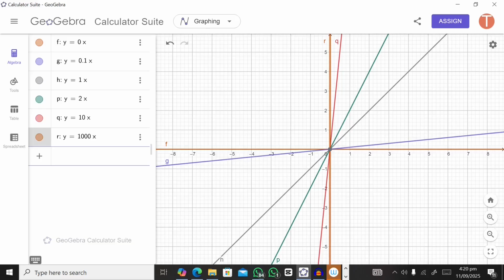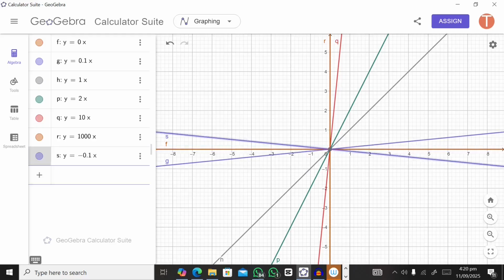Something interesting also happens as my value becomes quite small. So I will have it so small that now it's even taking negative values. I have y is equal to negative 0.1, and you can notice that now I actually have a negative slope.